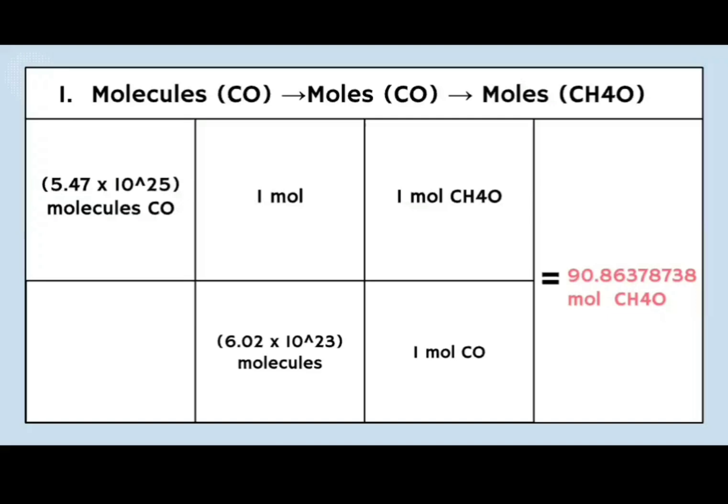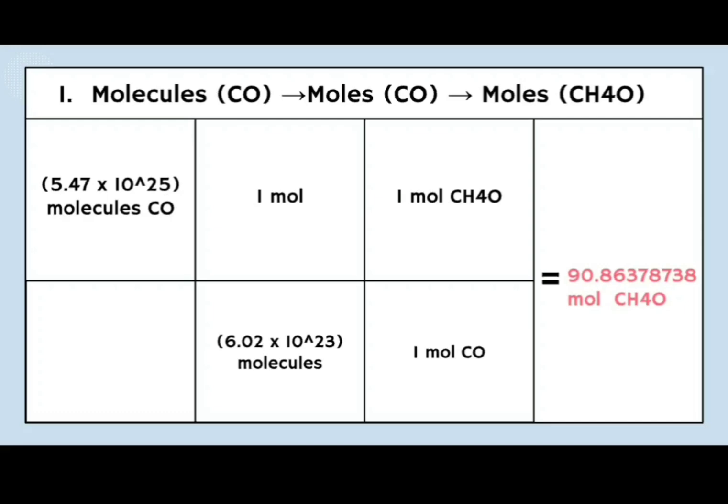So, to not have any exponents in our moles of methanol, we will put parentheses around our molecules. We'll put 5.47 times 10 to the 25th power molecules of carbon monoxide in parentheses, and then parentheses around 6.02 times 10 to the 23rd power molecules of carbon monoxide, so the exponents can cancel out, and we get a number, which is moles, and we don't have exponents added to that answer.